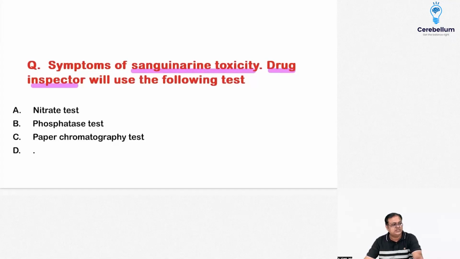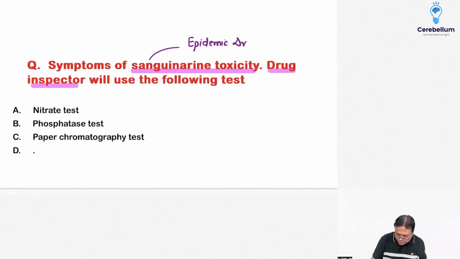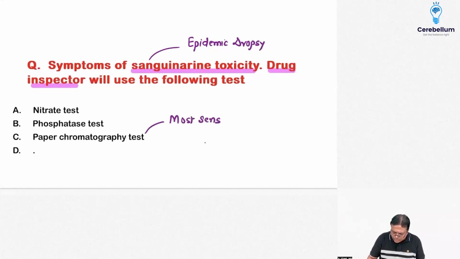Yes, we are talking of epidemic dropsy. Argemone mexicana oil. We have got two tests. Paper chromatography test is most sensitive. If you want, you can do a nitric acid test also.